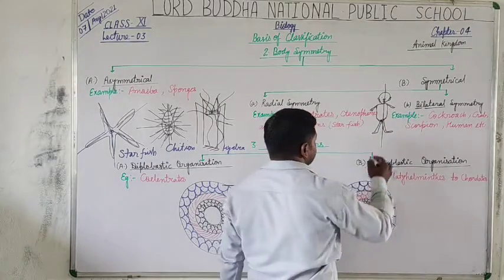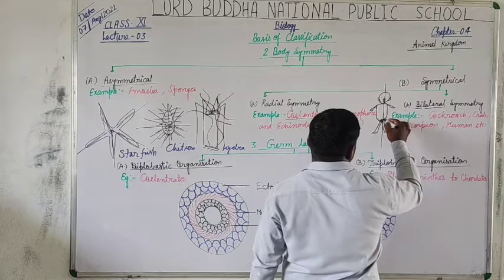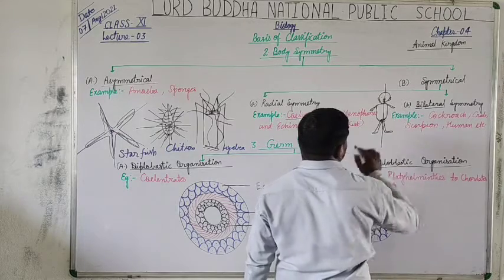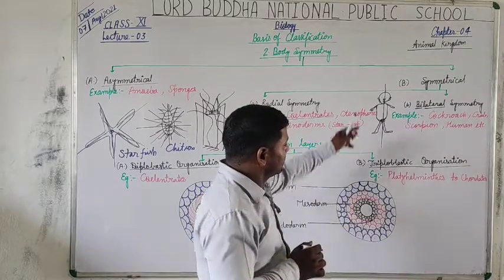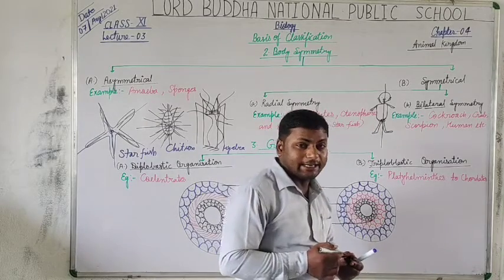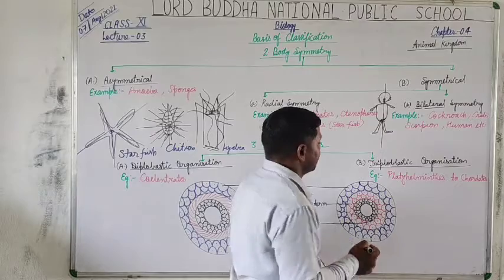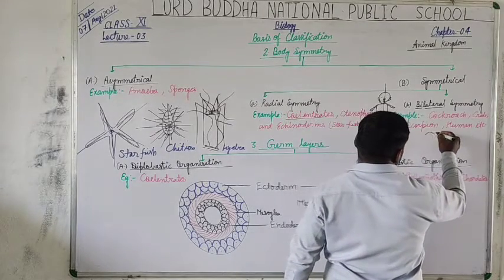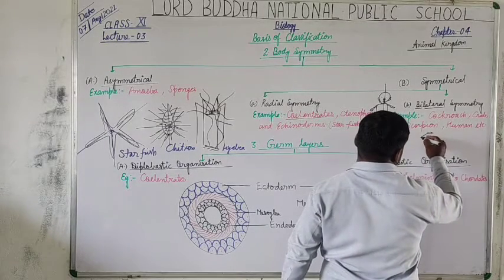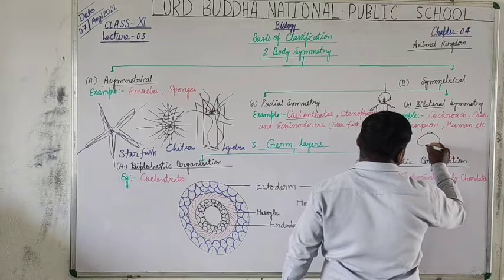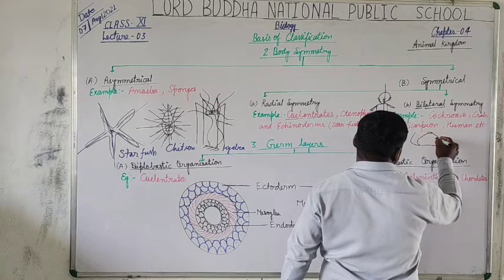Each of the body organs is divided into two equal halves on this y-axis. So this type of body symmetry shown by such members is called bilateral body symmetry.